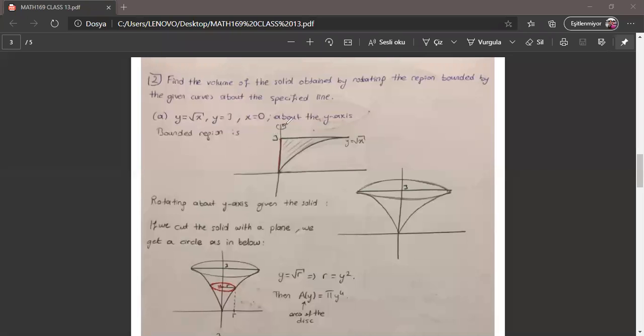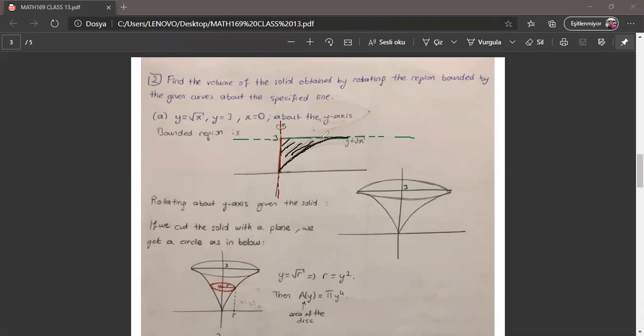Let's start with this. We have x equals 0, and we have y equals 3, right? And y equals square root of x is this. So we have this region, okay?